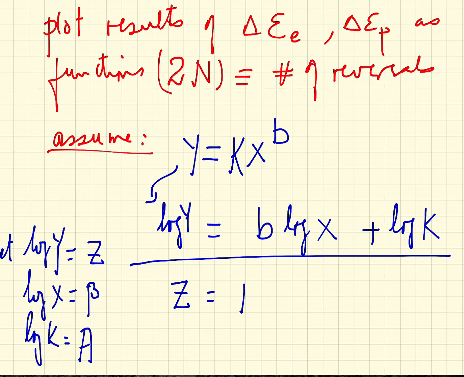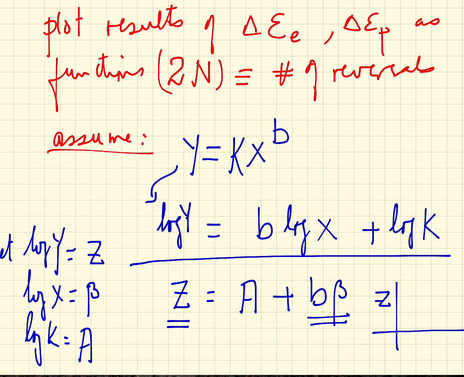So z will be equal to a plus b, with b the same, times log of x, which is beta. In other words, I have an equation of a straight line between z and beta. So this is z and this is beta. And the slope of the equation is this constant b, that's the slope of the straight line.